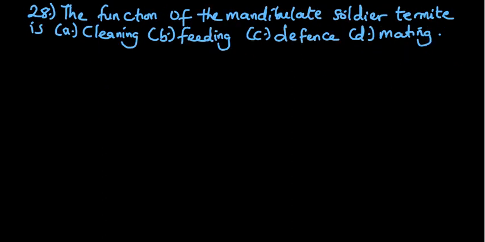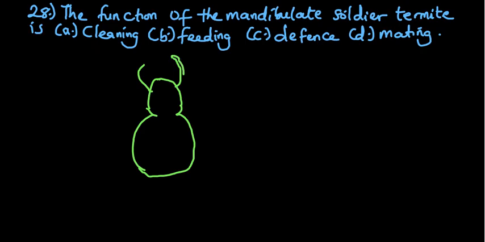So the function of the mandibulate soldier termite is. So we have termites, and termites have soldiers. I don't know how to draw it very well. They normally have what we call a mandible. Mandible is like a claw, used to defend the colony or their territory.